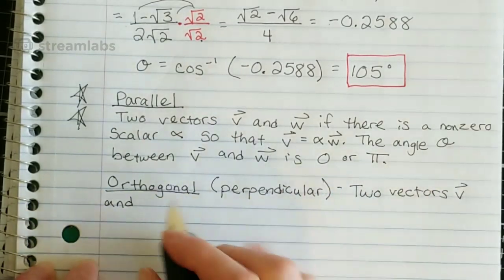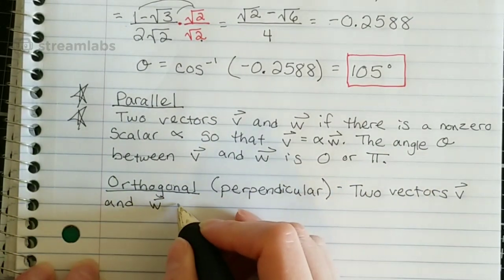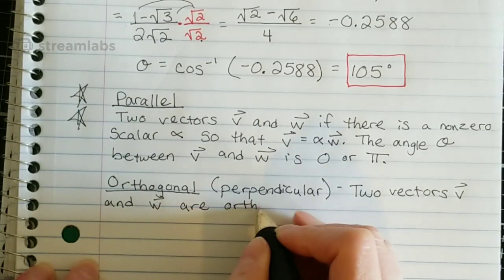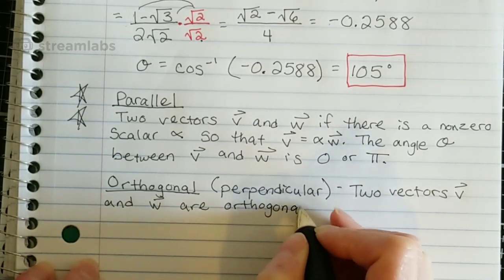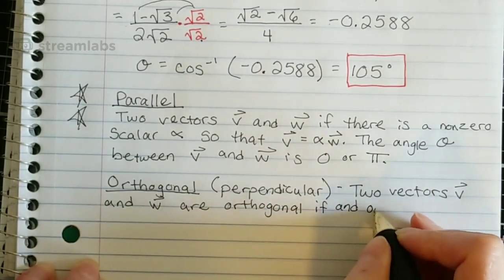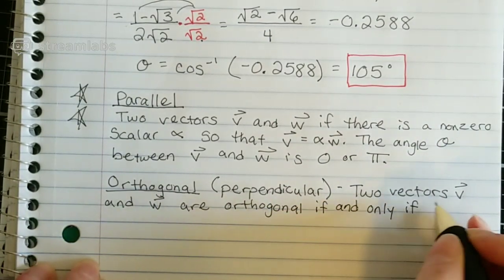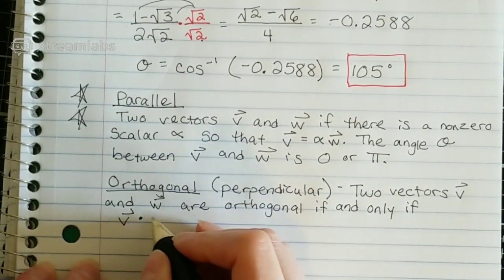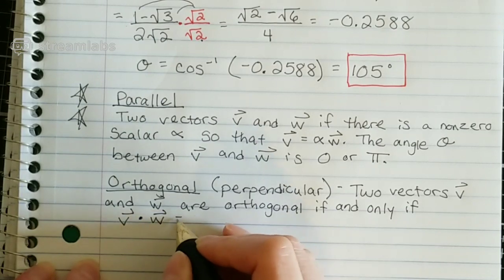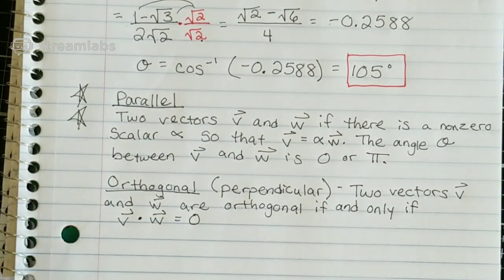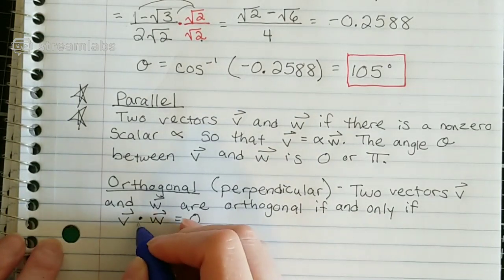So two vectors v and w are orthogonal if and only if v dot w equals 0. So this means dot product.